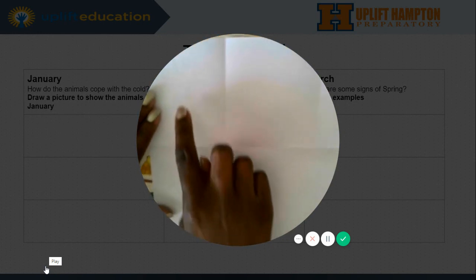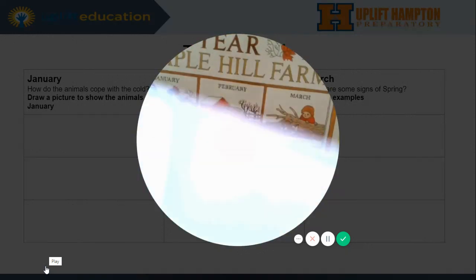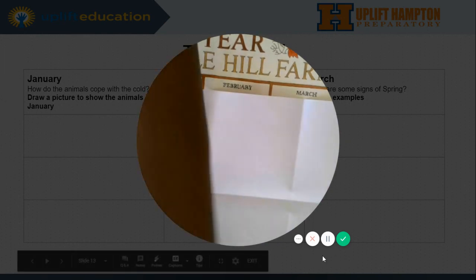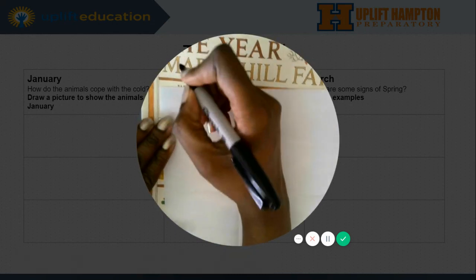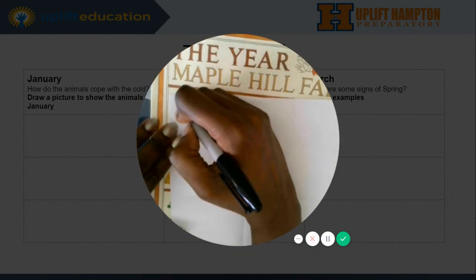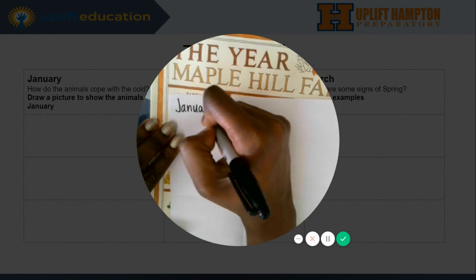So when you look in my paper, I have 1, 2, 3, 4, 5, 6, 7, 8, 9, 10, 11, 12. So what I want you to do, I want you to label your paper like I am labeling my paper. So this is January.